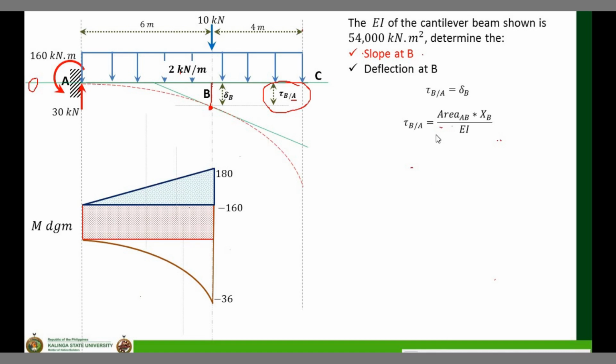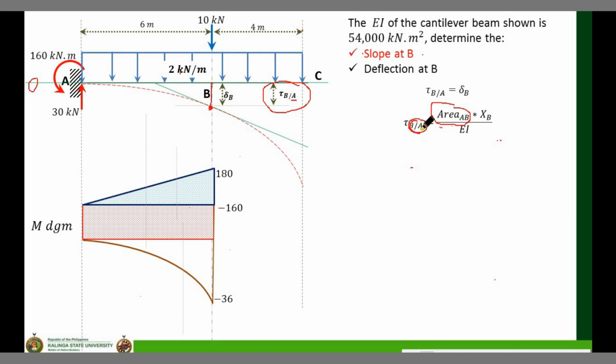From theorem 2, t_B/A is equal to area AB times x_B.